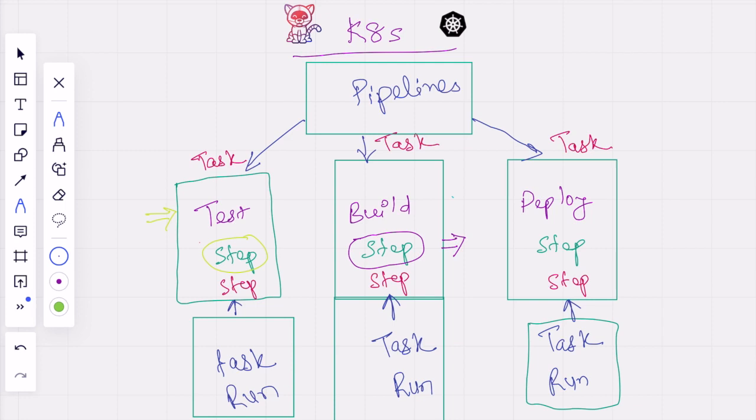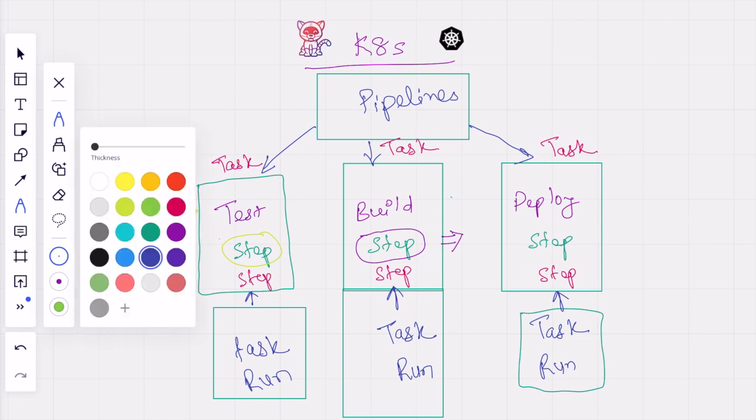Now we also have a pipeline run to initiate a pipeline. So when you write a pipeline, how does it run? We have another building block which is known as the pipeline run.